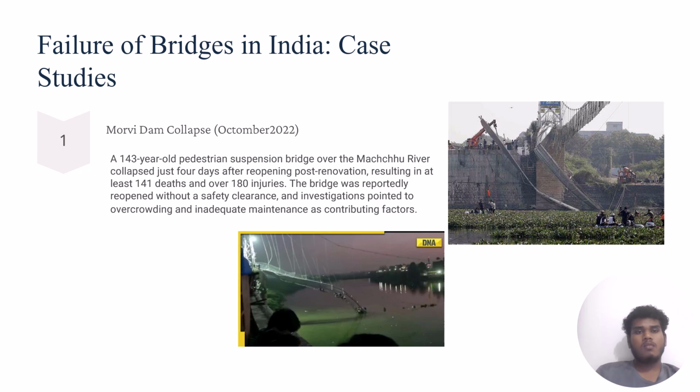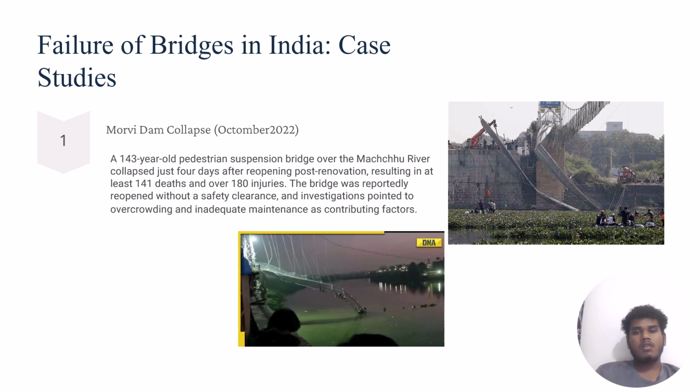So the next point is failure of bridges in India. This is a type of case study. The Morbi bridge collapse in October 2022 of a 143-year-old pedestrian suspension bridge over the Machchhu River collapsed just 4 days after reopening post renovation, resulting in at least 141 deaths and over 180 injuries.